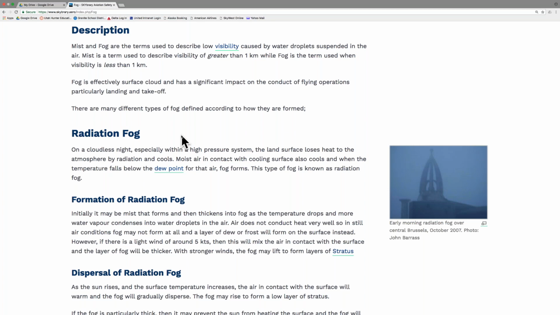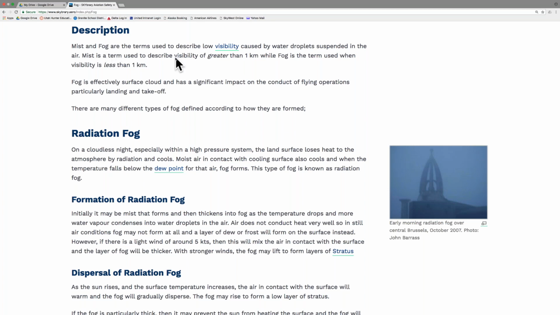As we go through these, I'm just going to talk about them, but I want you to really focus your note taking on how that fog is created.